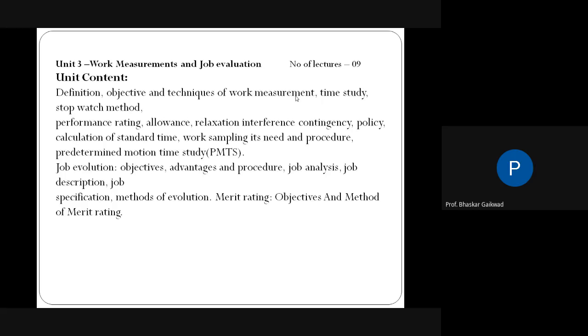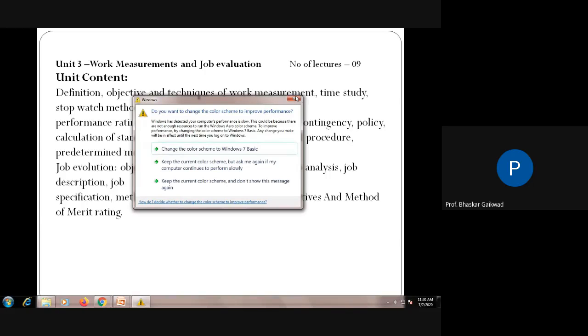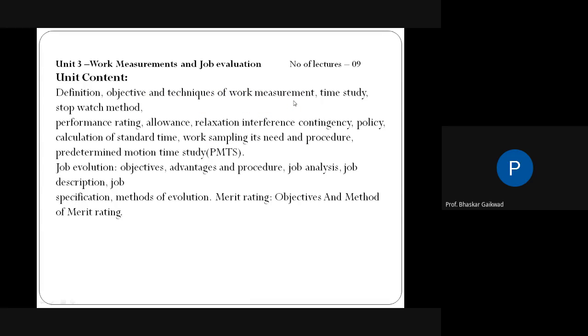That is called predetermined, meaning the time is already decided. For example, holding a job, grasping a job, searching for a job. You can give a certain time for that. That is called predetermined, and you have to consider this time while doing the job.